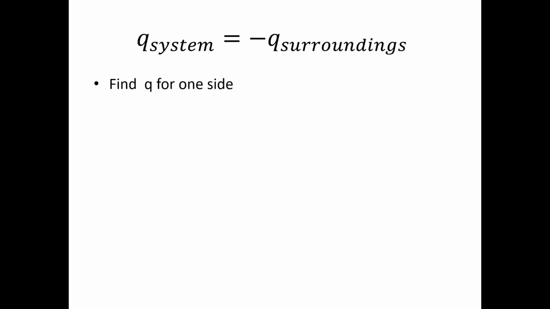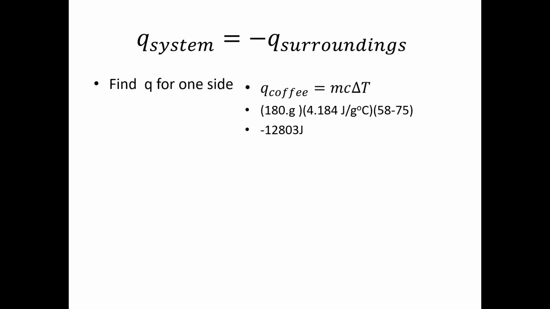Okay, so we're going to find Q for one side, the coffee. That's going to be MC delta T. And we just plug in those numbers. Now we put the 58 first because that's the final temperature. We want it to land at 58 degrees. Since we're getting close to the end of class time, I'm just going to go through the numbers, not have you plug it in.